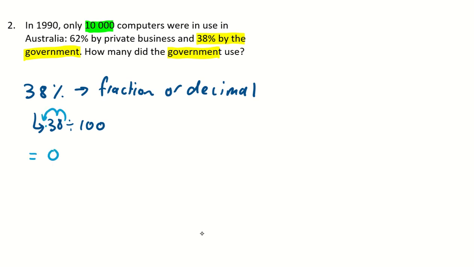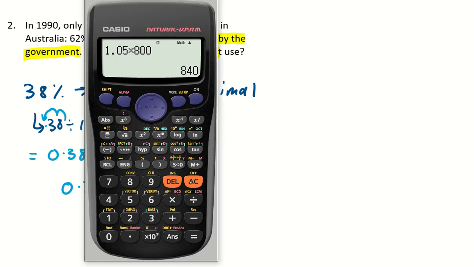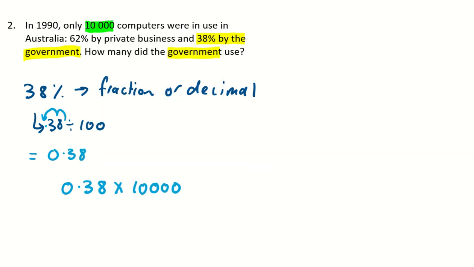So I'll get an answer of 0.38. Now let's multiply that by the 10,000. We can put that in our calculators. So I'll have 0.38 times 10,000. And that will give me an answer of 3,800 computers.